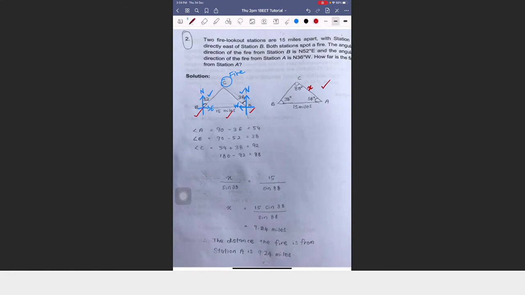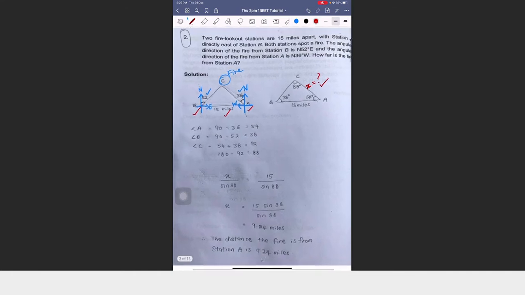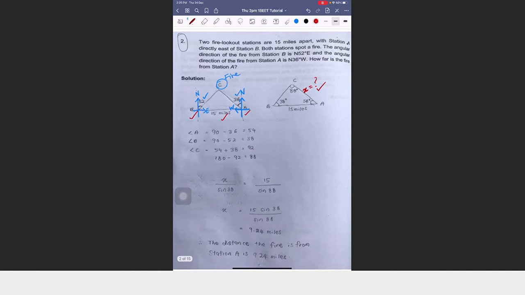It's the distance from the fire to station A. You can use the law of sines because you are given this distance, you have this angle, and you know this angle, so you can find this distance by using the law of sines.